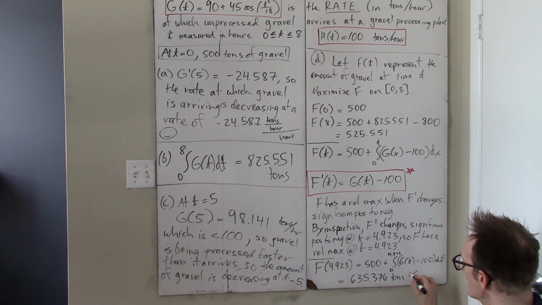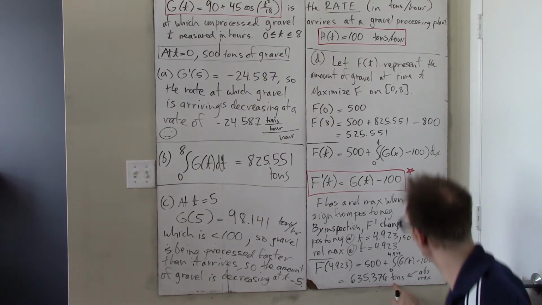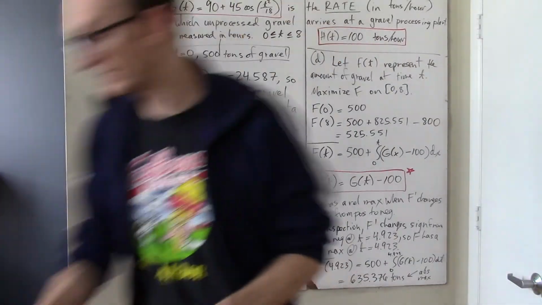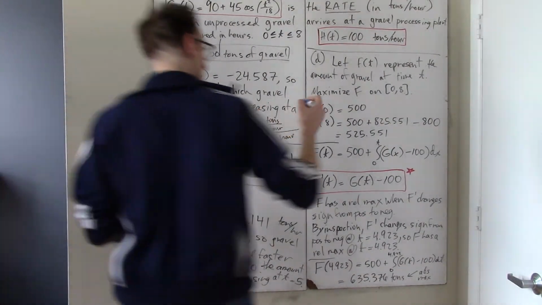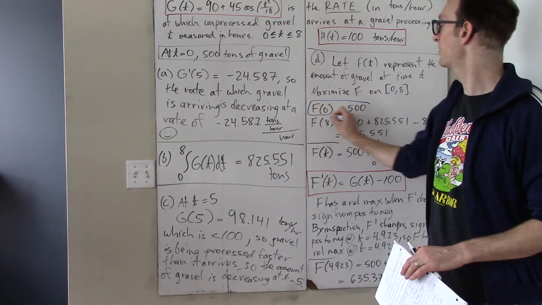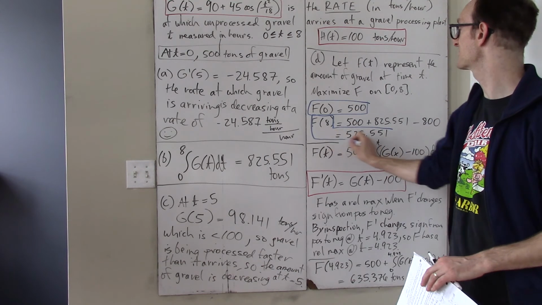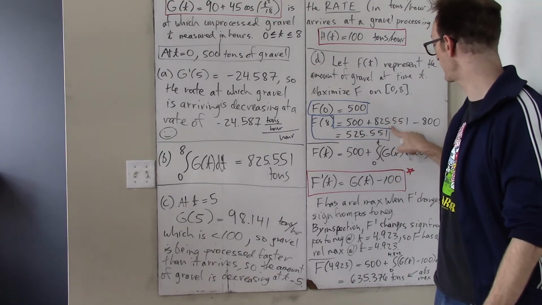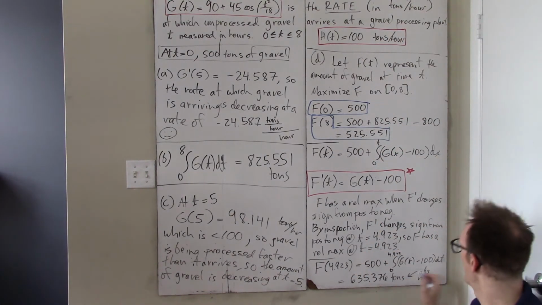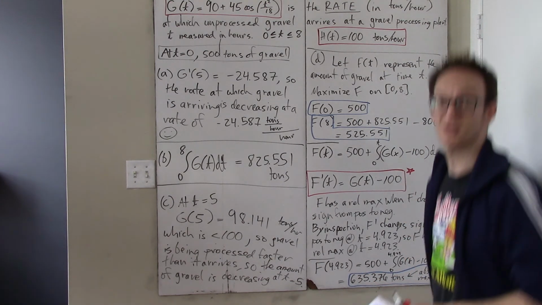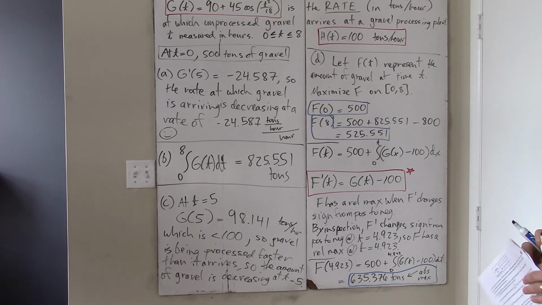And okay, I ran out of space, so that is the absolute maximum. It's the absolute maximum because it's the largest of the 3 numbers that I got out of this process, right? At the beginning of the day, there were 500 tons. At the end of the day, there were slightly more than we started with, but the most amount of gravel ever during that day was the amount of gravel at time t equals 4.923.